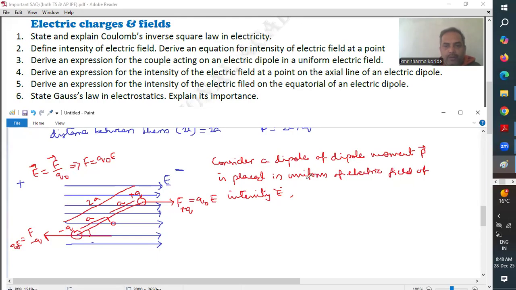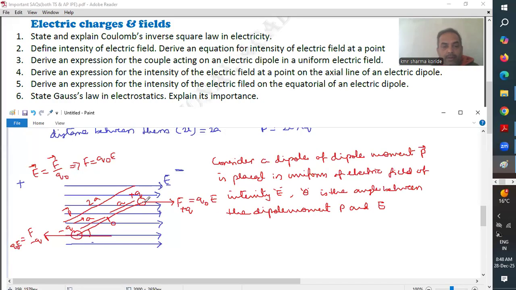So therefore, theta is the angle between the dipole moment P and electric field E. So dipole moment is always from negative to positive charge.